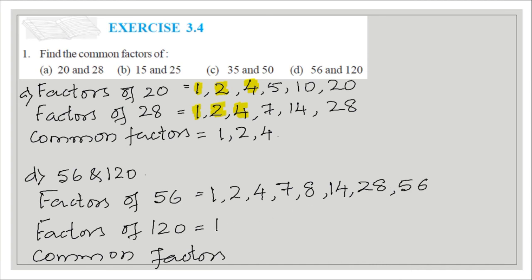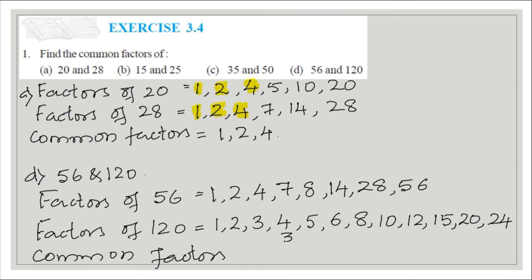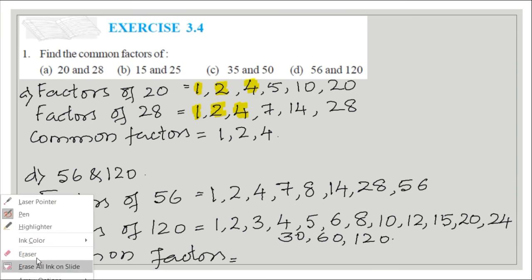The factors of 120 are 1, 2, it is divisible by 3, 4, it is also divisible by 5, 6, 8, 10, 12, 15, 20, 24, 30, 60 and 120. Now I need to find out the common factors.